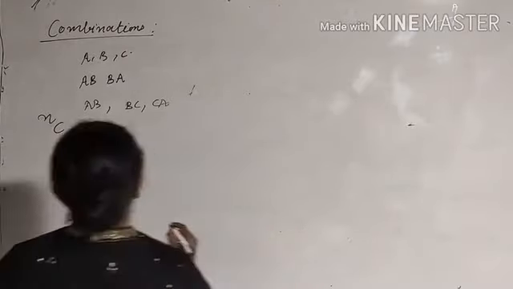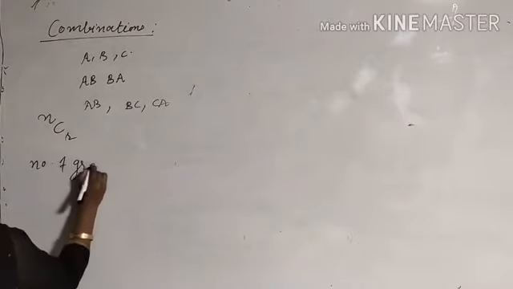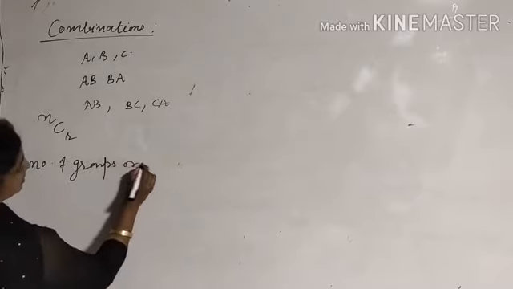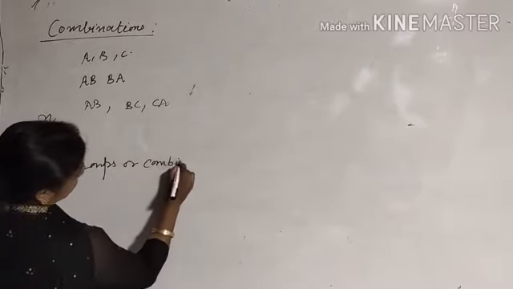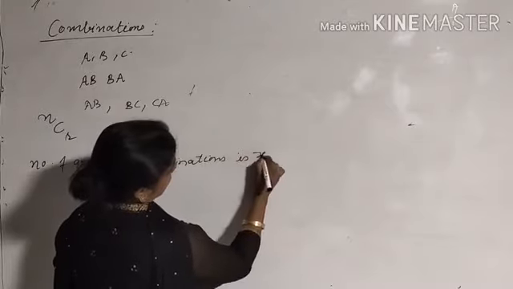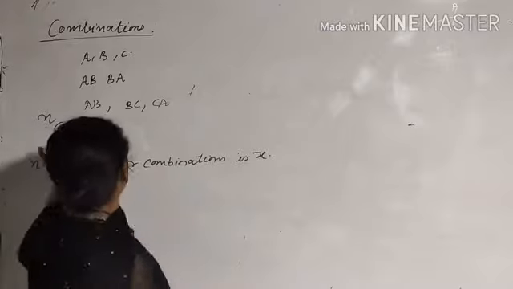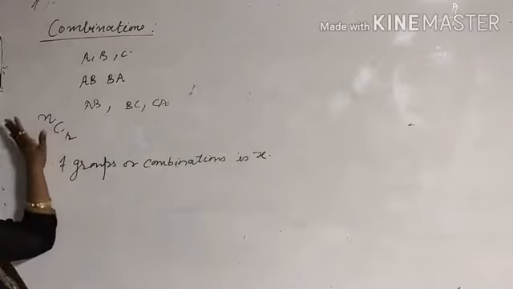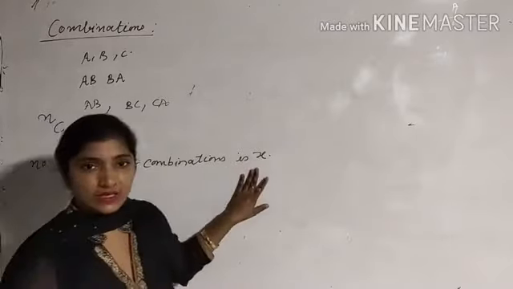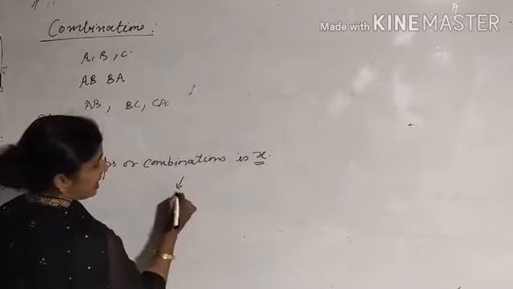Suppose the number of groups or number of combinations is X. The number of groups that can be made with R objects taken at a time from n objects is X.